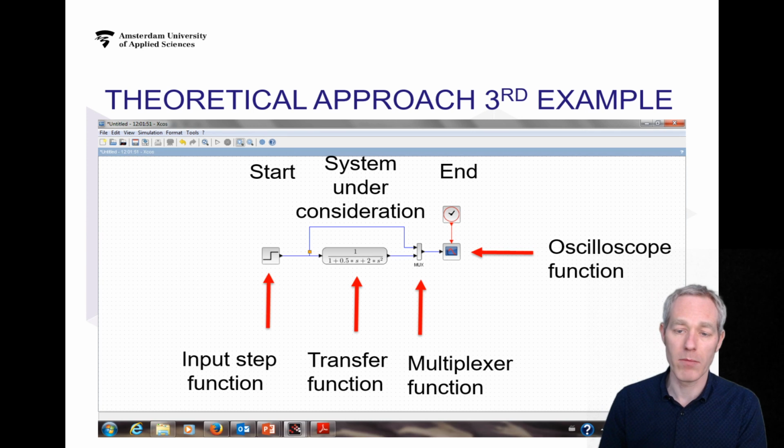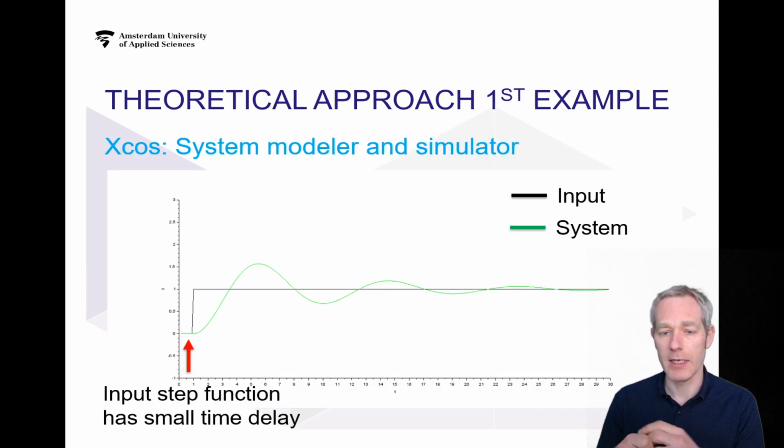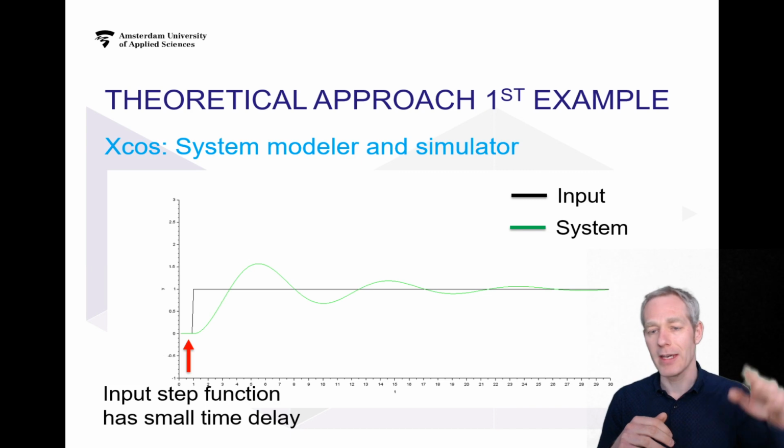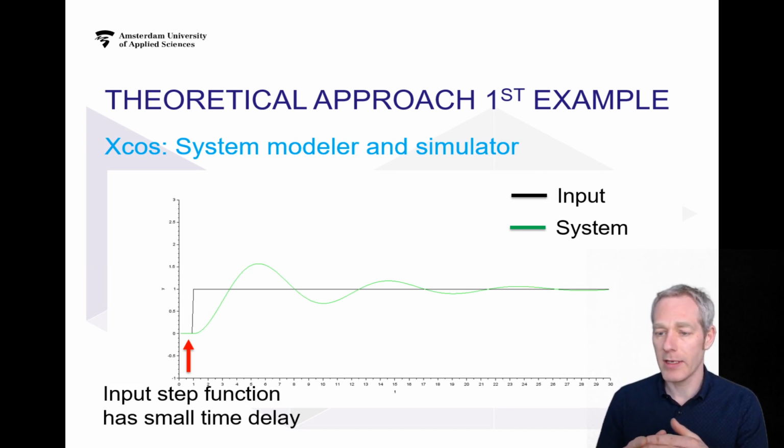So we use our multiplexer to have two signals that our oscilloscope can then disentangle. And what do we see? We see this step response where there's some oscillations. We've also set the step to only start at 1 second. So there is a slight time delay in our system.